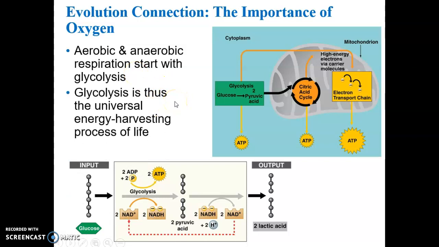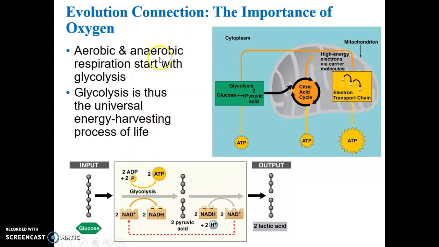So glycolysis is the universal energy harvesting process of life, because glycolysis, along with the elaborate processes that occur in the mitochondria and along with oxygen, provides a lot of ATP for aerobic respiration.